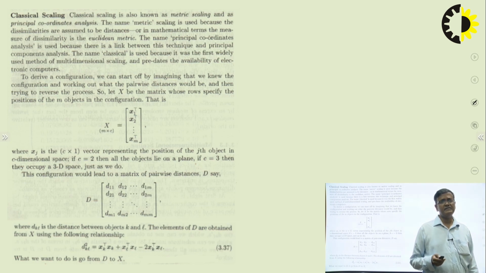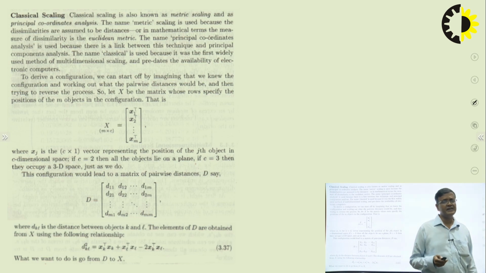But to start with, we initialize our configuration matrix by imagining it to be some values, and then working out what the pairwise distances would be, and then trying to reverse the process. So suppose X is the matrix whose rows specify the positions of the M objects in the configuration.